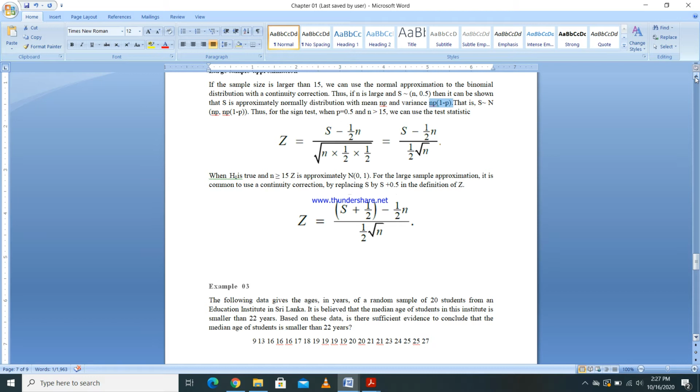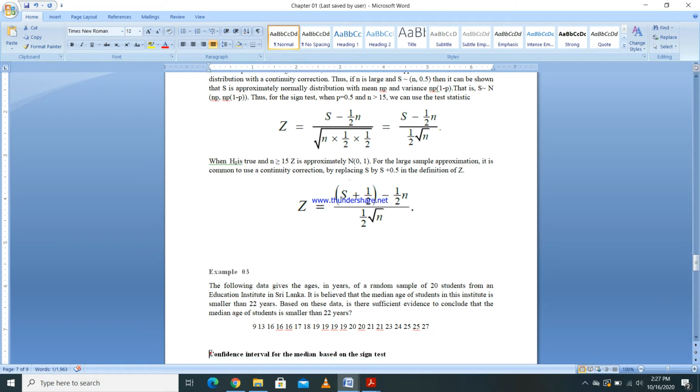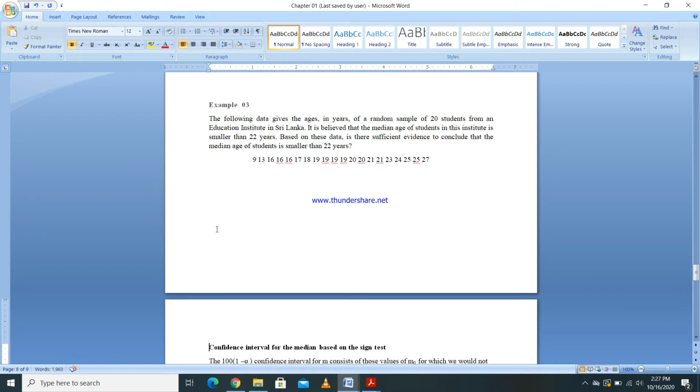So you can apply the large sample approximation. The first thing that you have to do is write down the hypothesis. I will write down H naught and then H1. They're asking us to find whether there is sufficient evidence to conclude that the median age of students is smaller than 22 years.